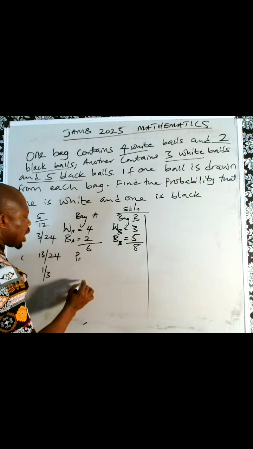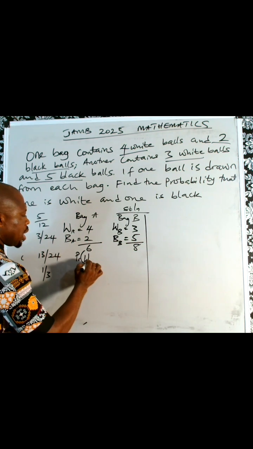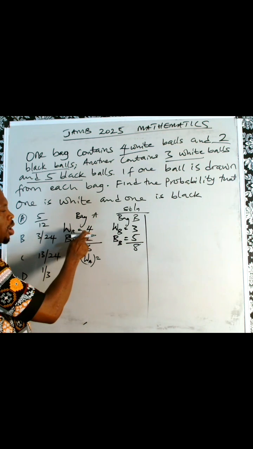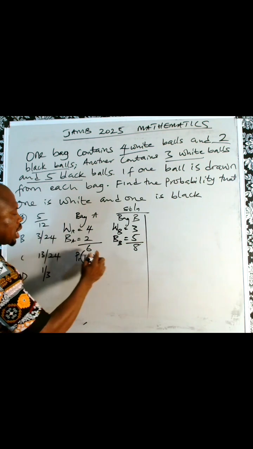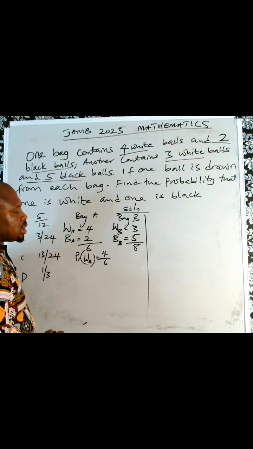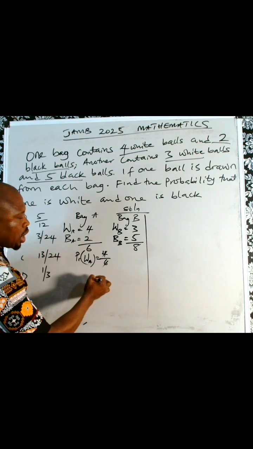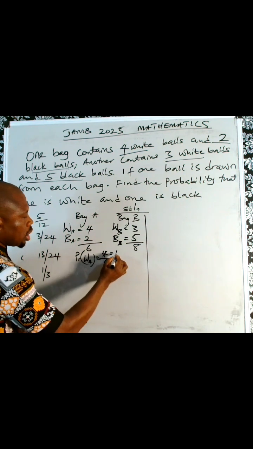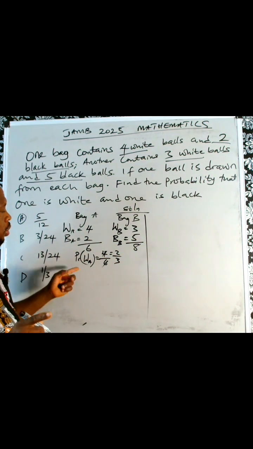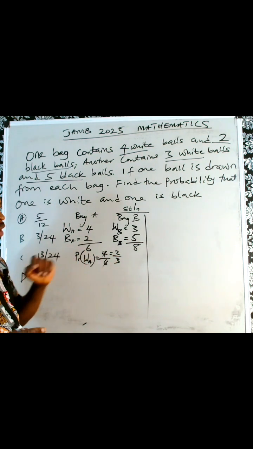The probability of whites in A is the number of white in A, which is 4, all over the total number 6, which will give us, of course, 2 can go here and here at the same time to give us 2 over 3.